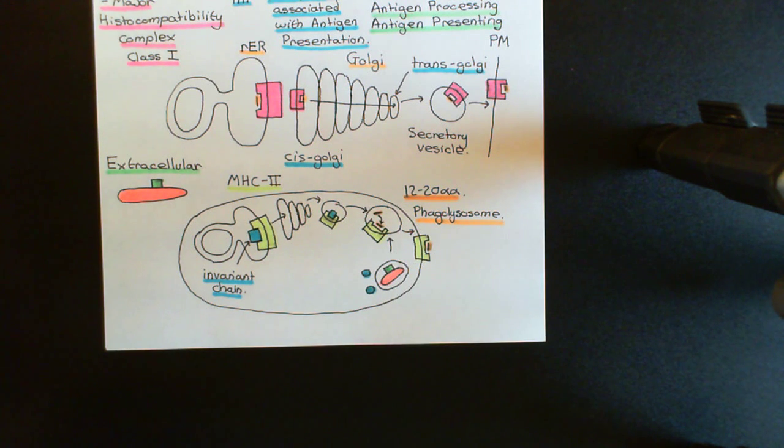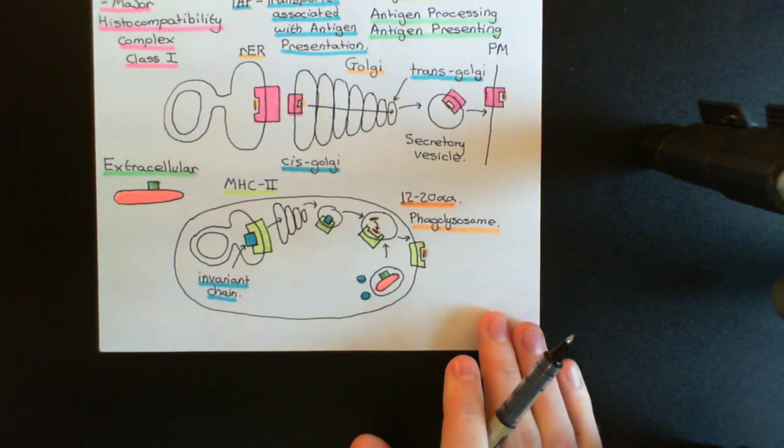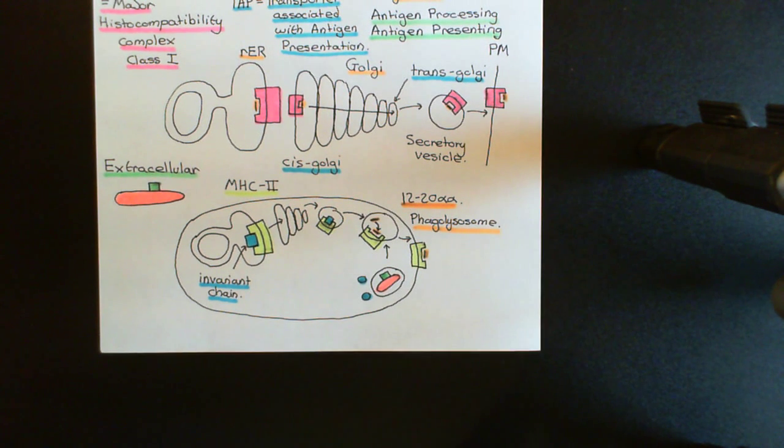So what I now want to do is study MHC Class 1 and MHC Class 2 complexes in more detail, because there are complexities here. Firstly, I want to discuss the structure of an MHC Class 1 complex and the structure of an MHC Class 2 complex. Then I want to discuss the genetics.